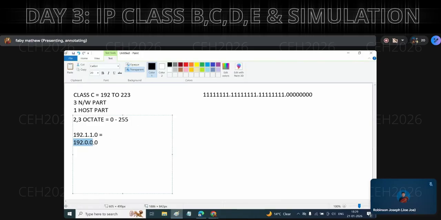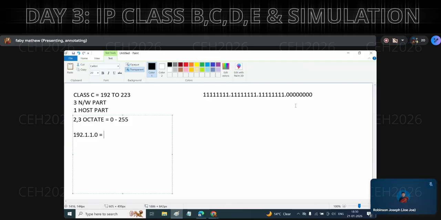So we can place the value 0. But if you place the value 0 in the host part, then it is not a valid IP address. It is a network ID in both cases. I will show you when I configure the IP address. Each and every IP address which I told you, I configure in my machine. Whatever I am saying, the configuration is actually happening in our machine.